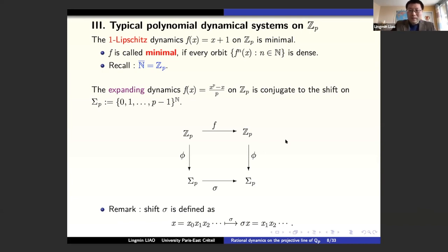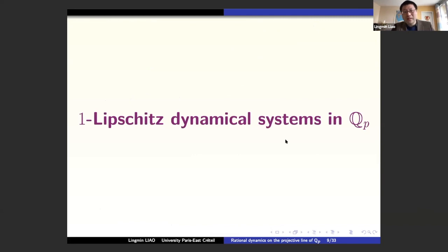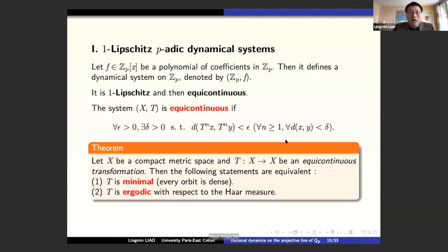Let me detail a little bit these two different systems. The first one is one Lipschitz. One Lipschitz usually arises from a polynomial with integer coefficients, with the coefficients in Z_p, and then your system will send Z_p into Z_p.